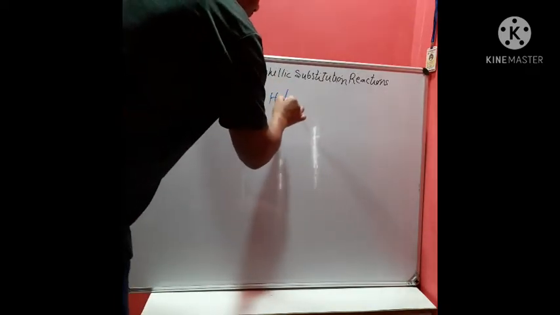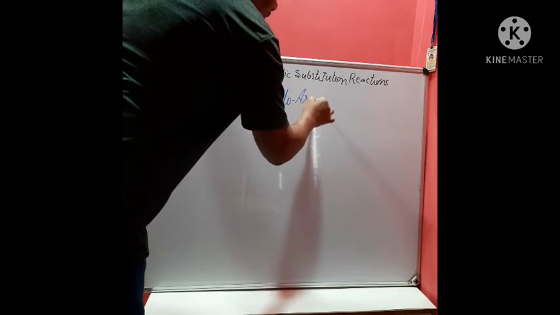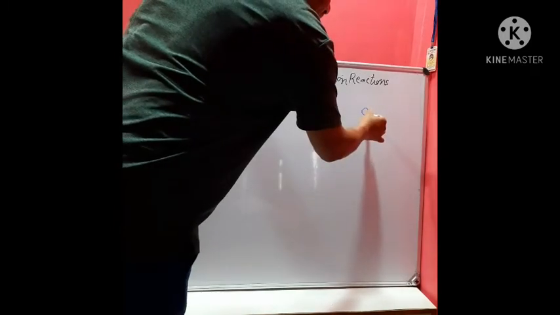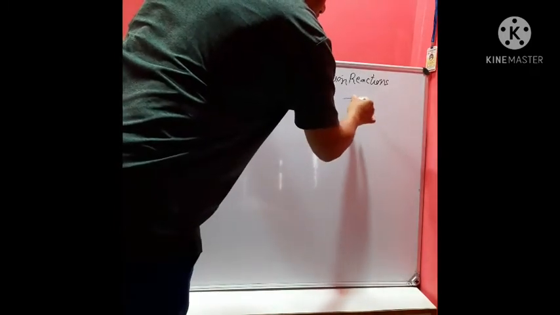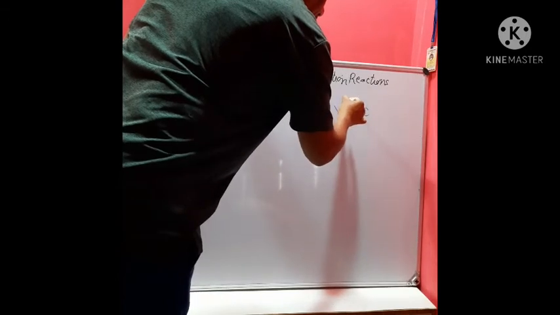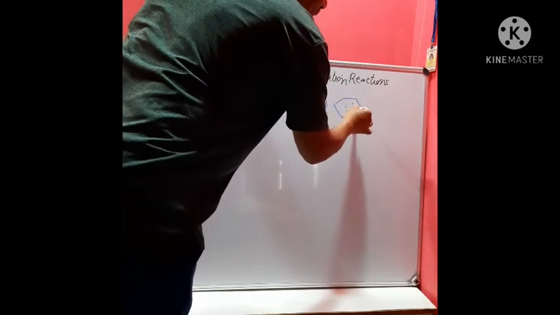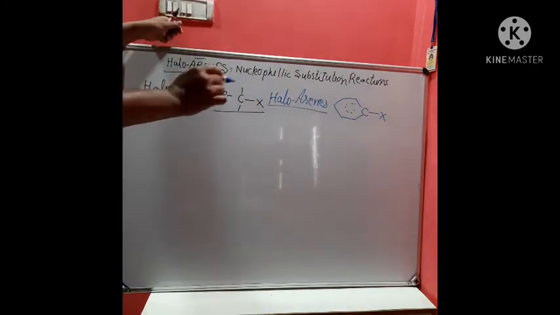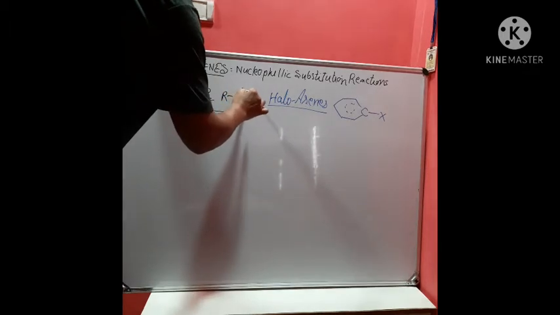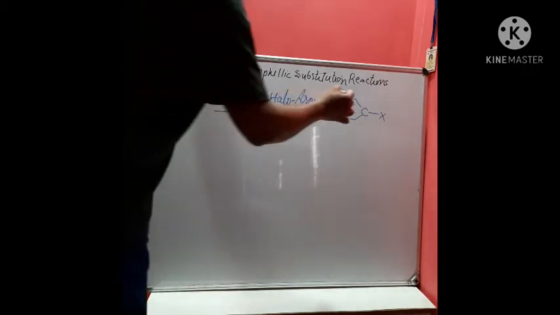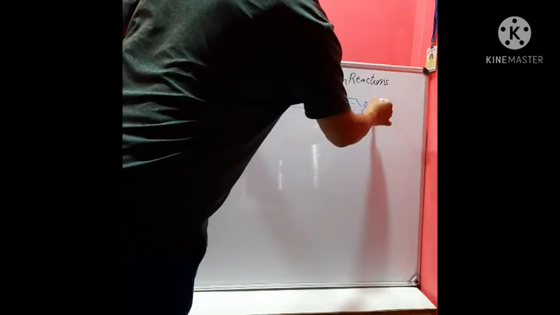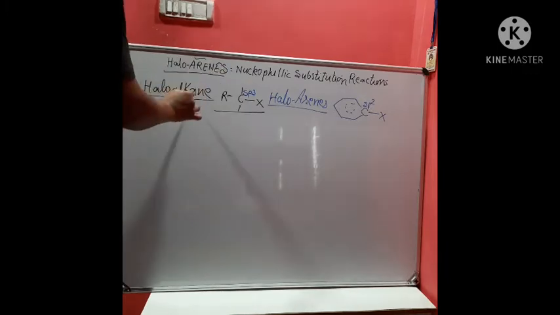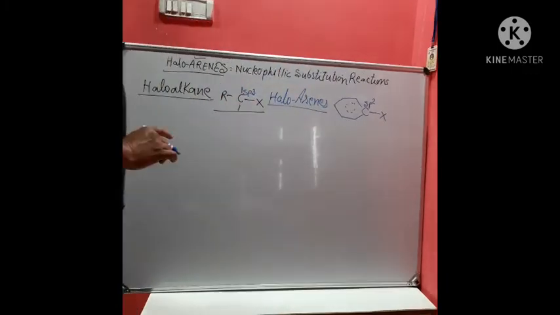In haloarene there is also a C-X bond, but the C belongs to the benzene ring, and there is X. Here the carbon is sp3 hybridized, but here the carbon is sp2 hybridized. These are some basic differences between haloalkane and haloarene.